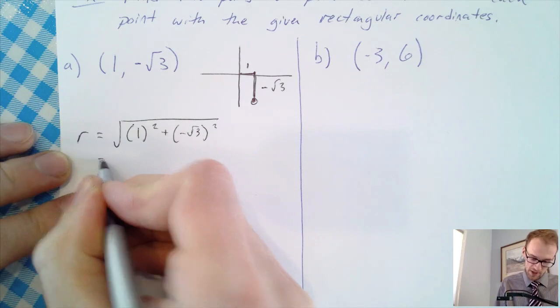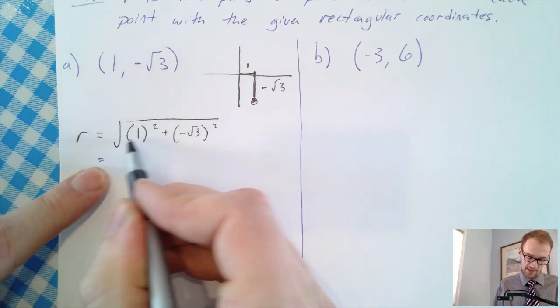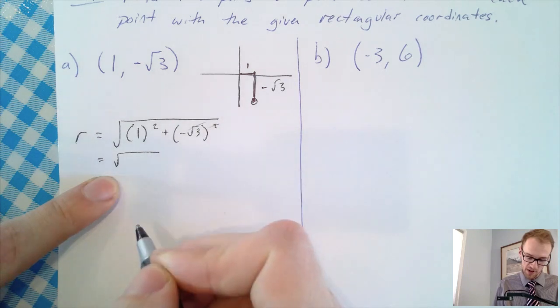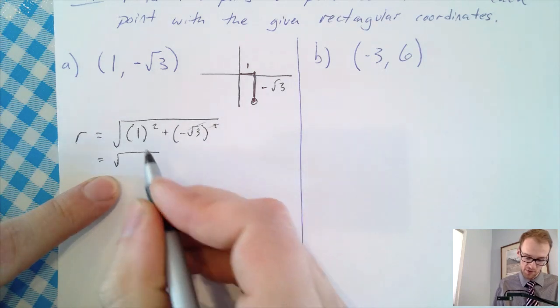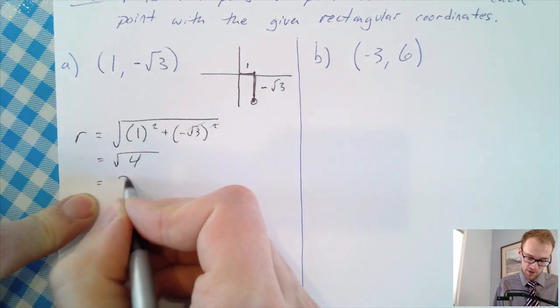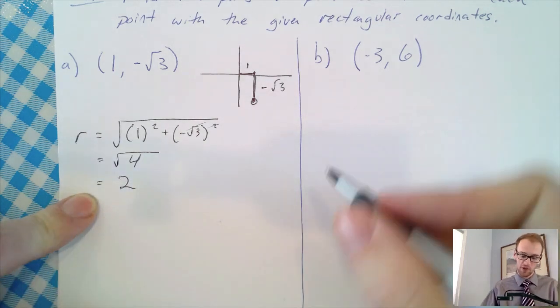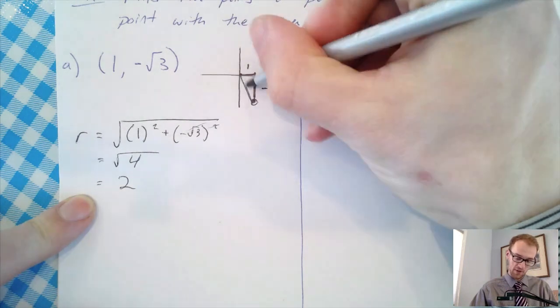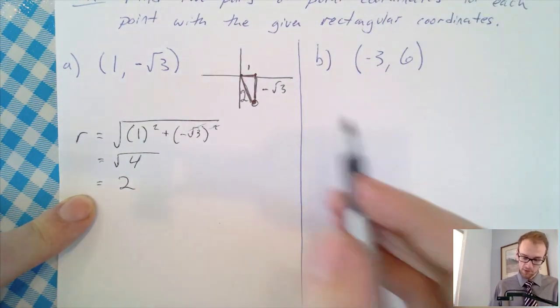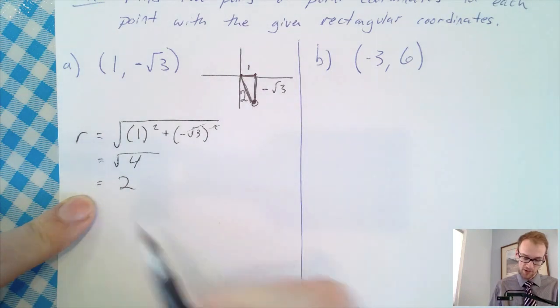So we get the square root of 1 plus 3, the square and square root canceling, so the square root of 4. That'll be 2, not plus or minus 2, because we have a radius here. Radius of 2. We got our radius, so that's the first half.